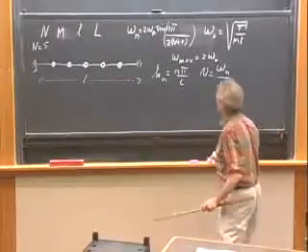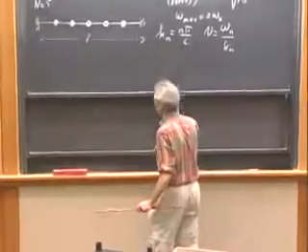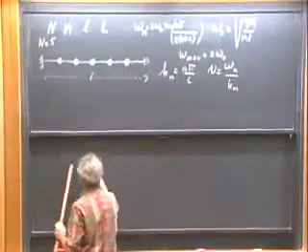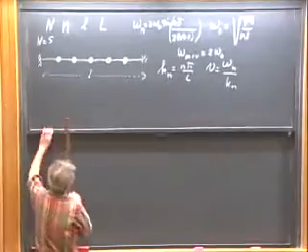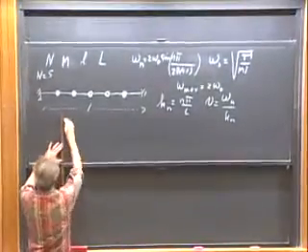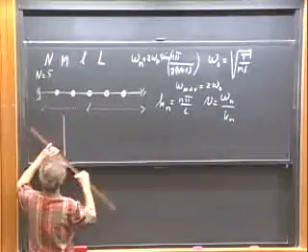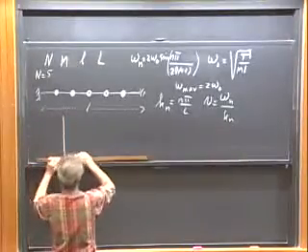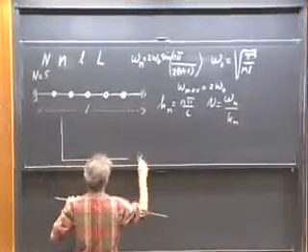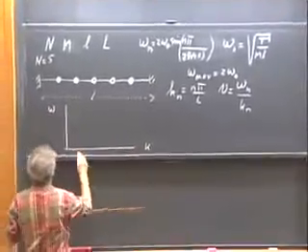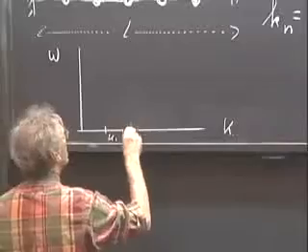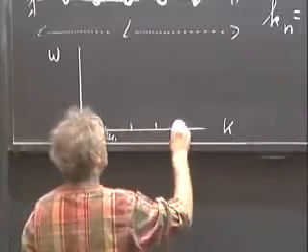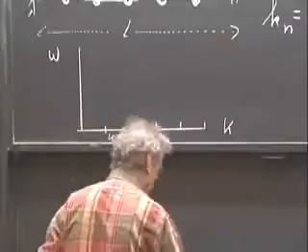A very nice way of seeing that is to make a plot, and you will see many of these plots today, of omega versus k. Let me make the plot here. So this vertical is going to be omega, and this is k. So this is k1, this is k2, k3, k4, k5.